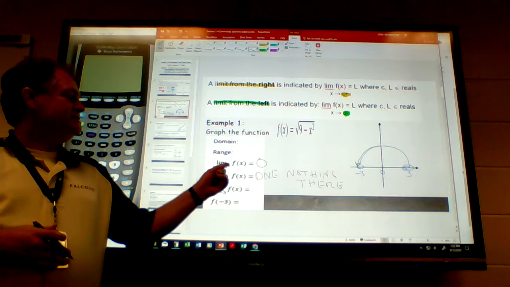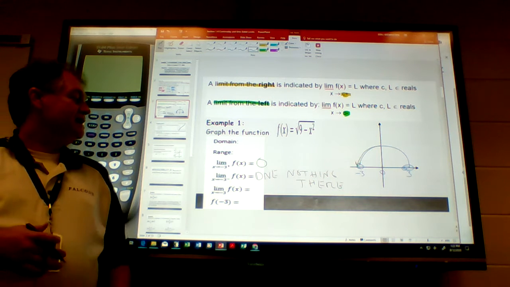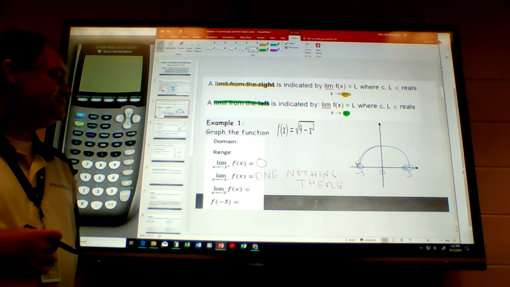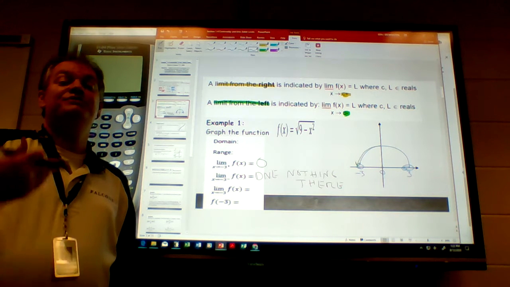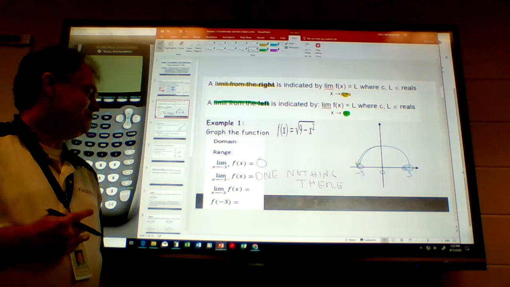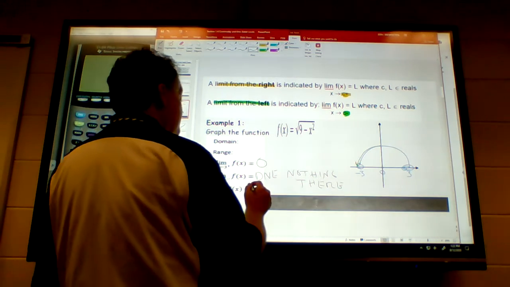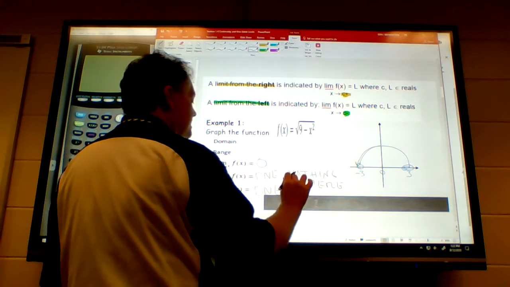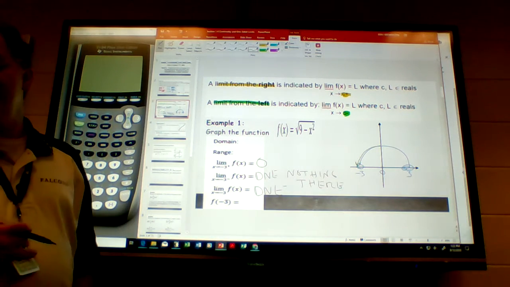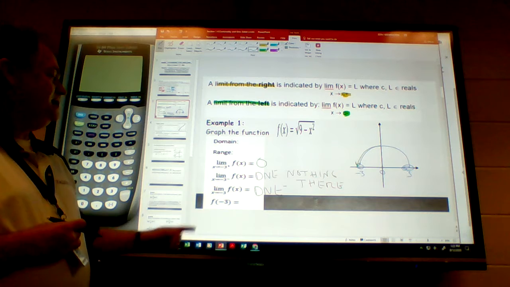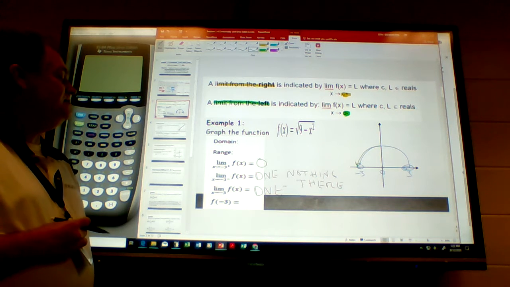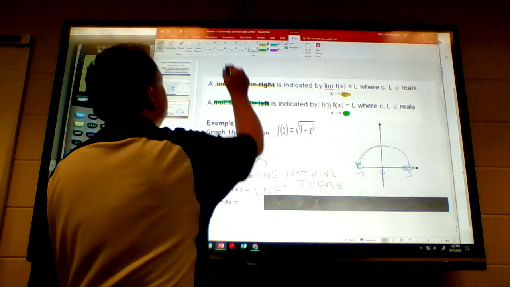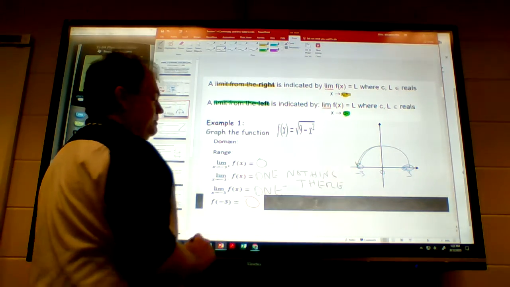Okay, so if it's 0 from the positive side and does not exist from the negative side, that means we have two different limits. If we have two different limits, then overall the limit at this number does not exist. But if I ask you for f of -3, when I plug it in, its value will be 0.